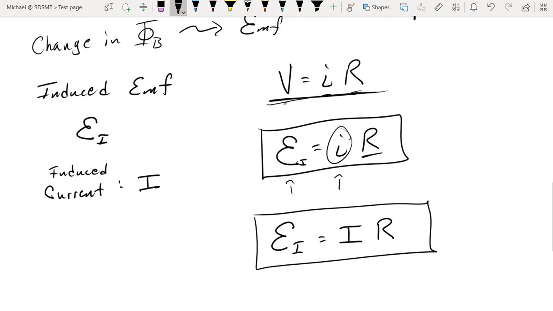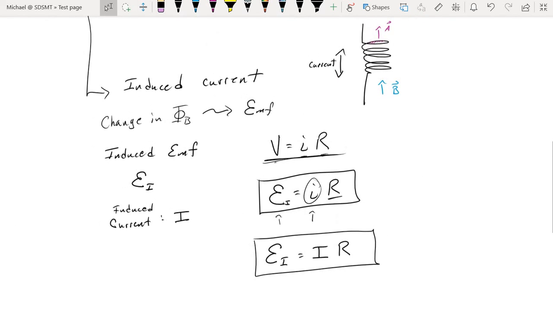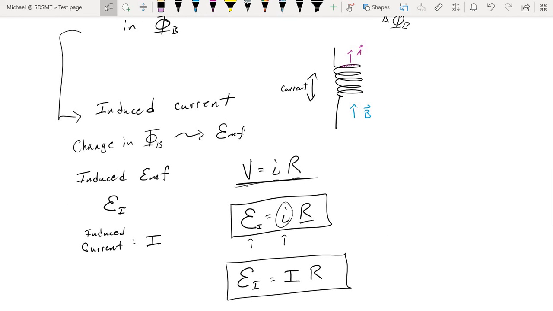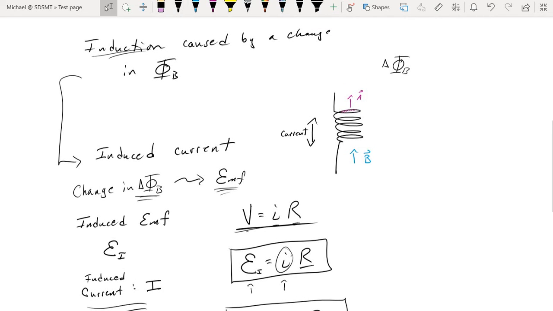And now we have Ohm's law rewritten for this thing that we call induction. As we change the magnetic flux, we will induce an electromagnetic force, which will in turn induce a current in that conducting material. It just so happens that this conducting material is in the shape of a coil.